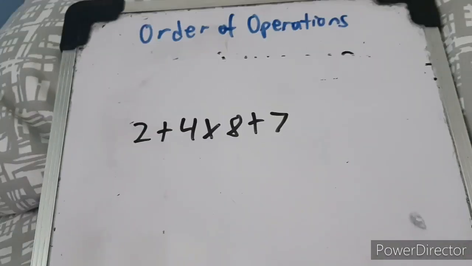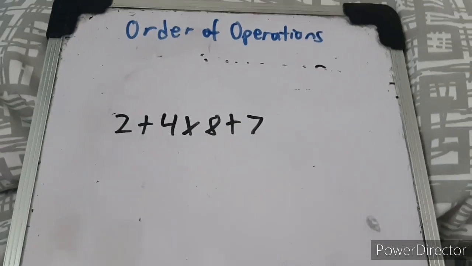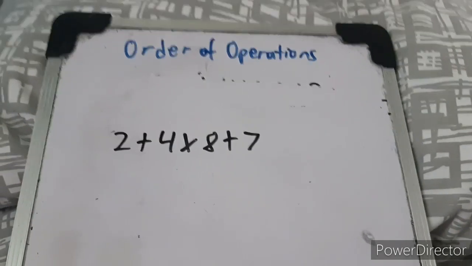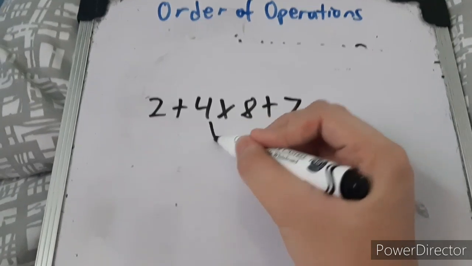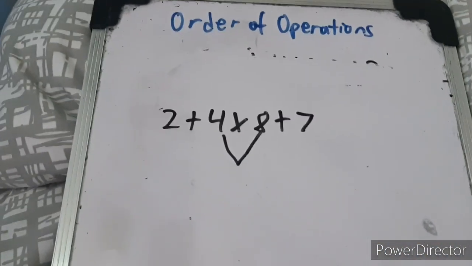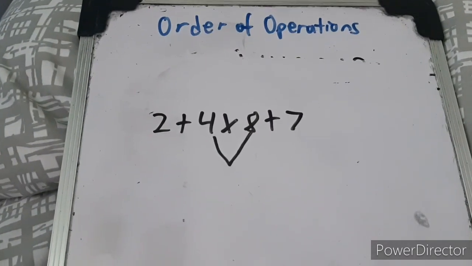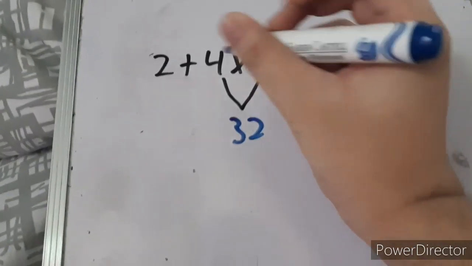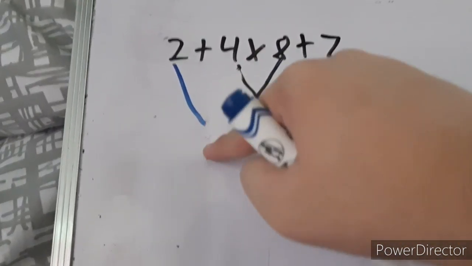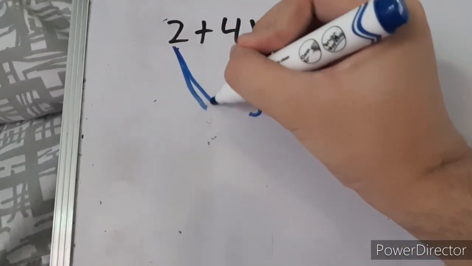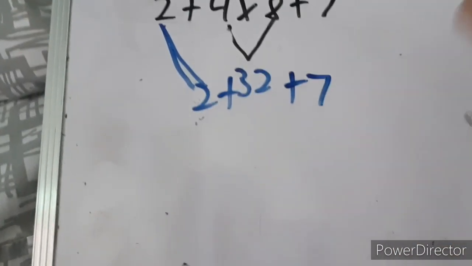Another example for this MDAS rule is 2 plus 4 times 8 plus 7. So again, we'll use the MDAS rule. So multiplication, since times lang kasi at walang division, so multiplication lang. 4 times 8 equals to 32, plus 2, plus 7.